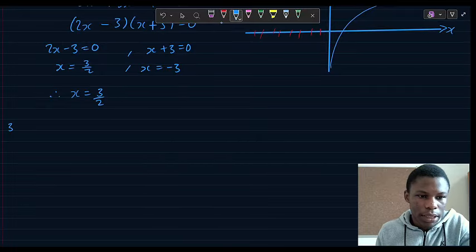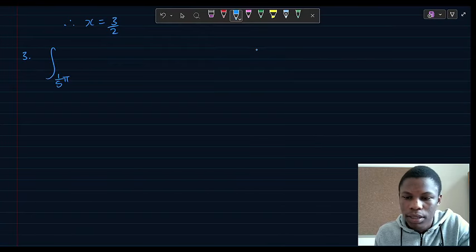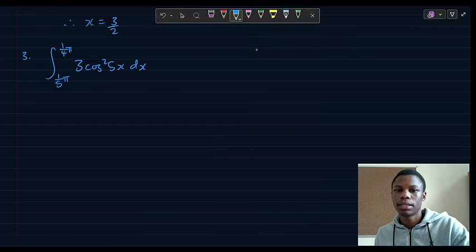Question number 3. Very interesting integral. Find the exact value of the integral from 1/5 pi to 1/4 pi of 3 cosine squared 5x dx.